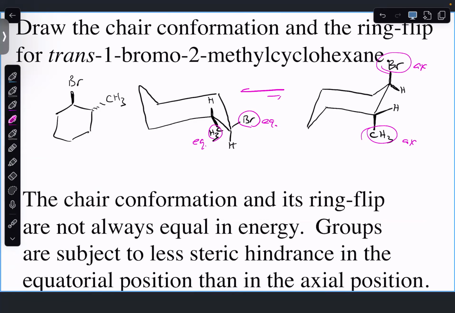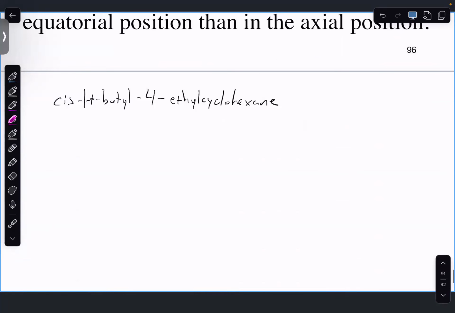All right, so I'm going to give you one more. Got a couple minutes. We might not be able to finish this, but you can play around with it on your own. So we've got cis-1-tert-butyl-4-ethylcyclohexane.